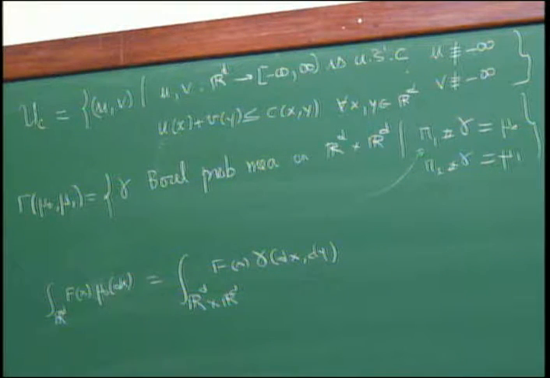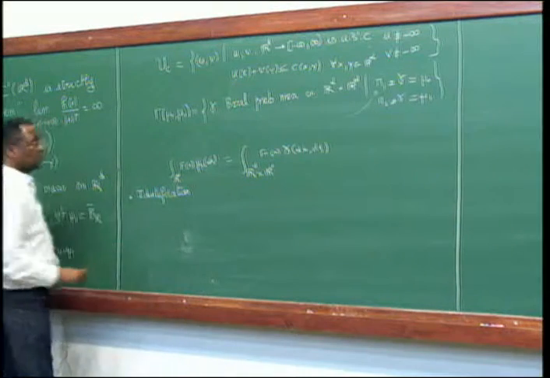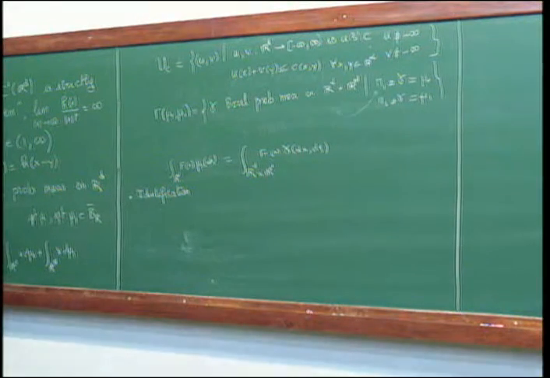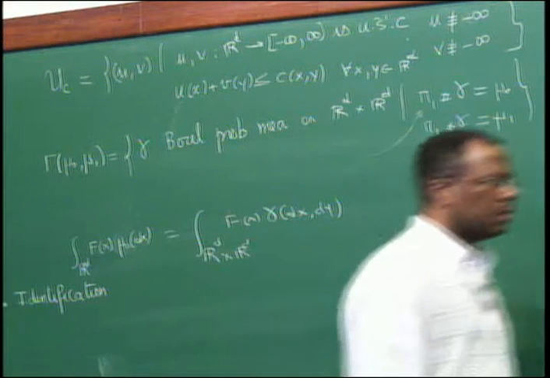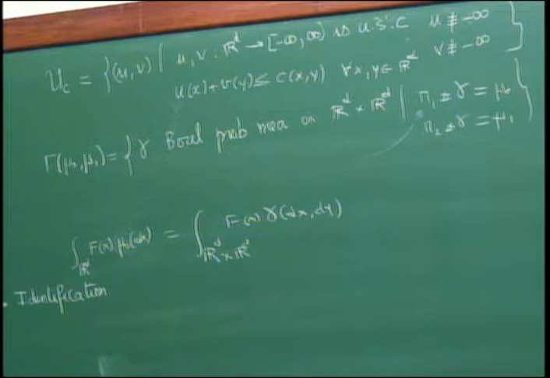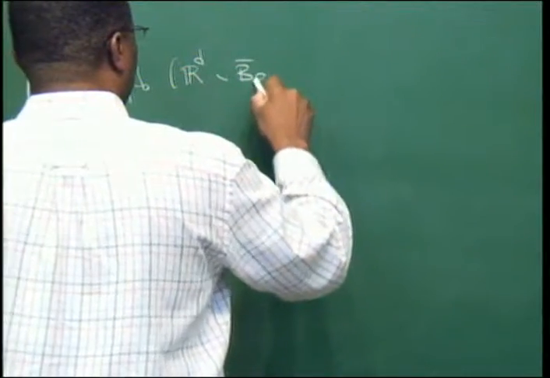So let me do the following convenient identification. The measure mu naught of Rd minus the closed ball of radius r is 0.